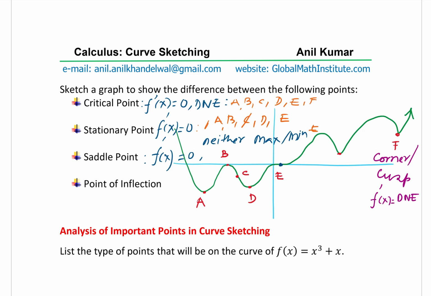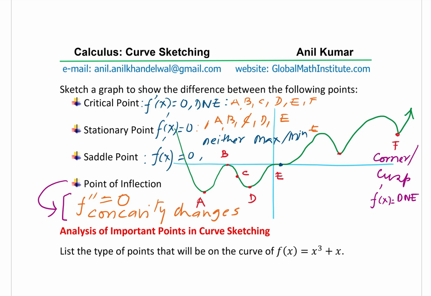Now, point of inflection is a point where the second derivative is equal to 0. Second thing here is that the concavity changes. Two things. So that is a very, very important criterion for point of inflection.